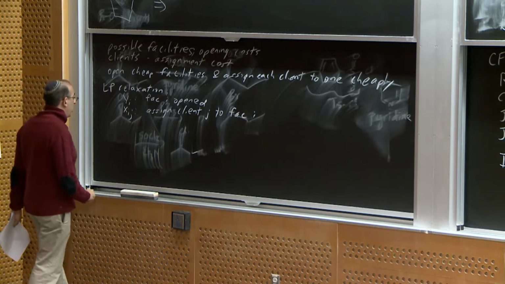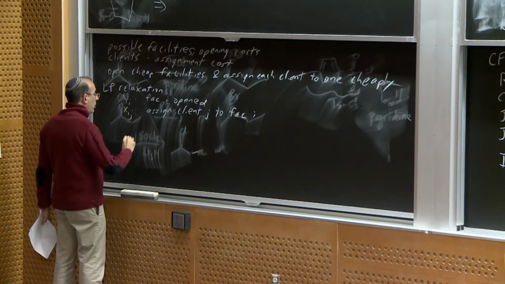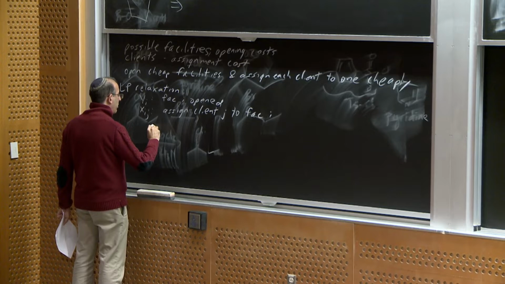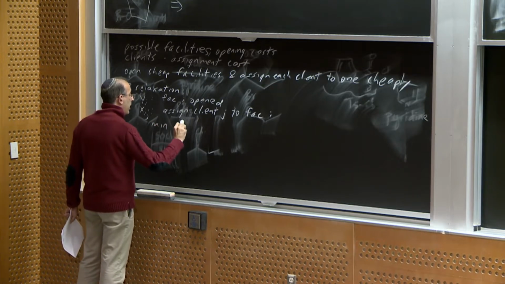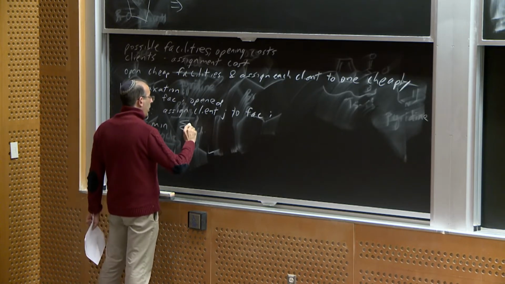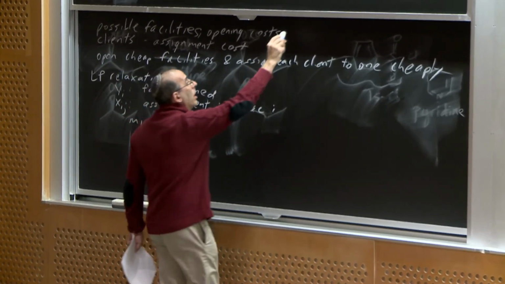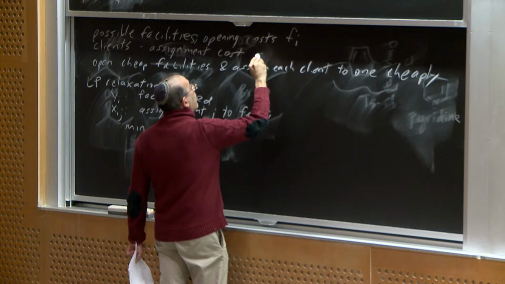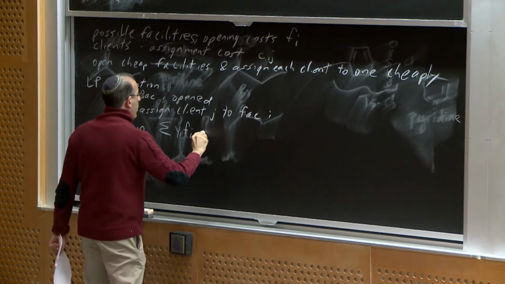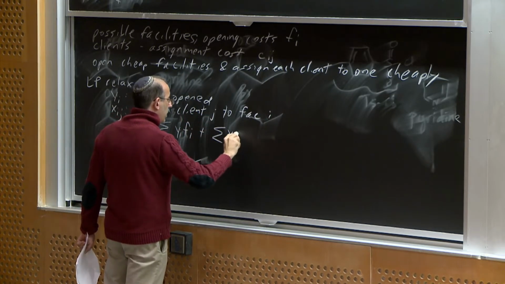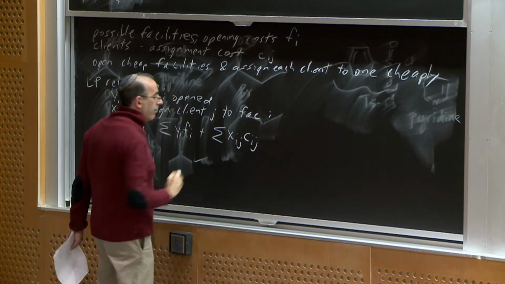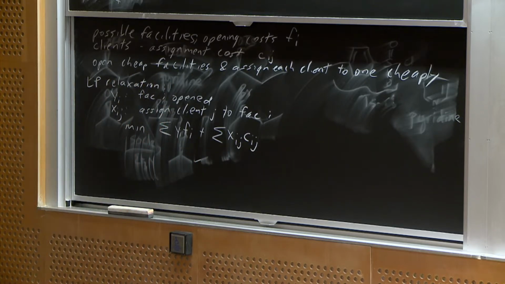And with those variables, we were able to specify an objective function. We want to minimize the sum of all the opening costs, fi, together with all of the assignment costs, right?